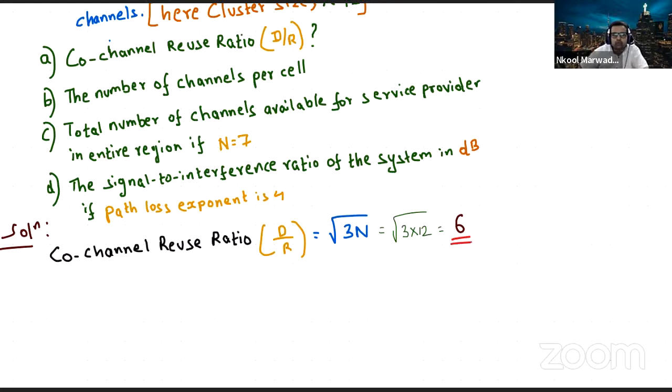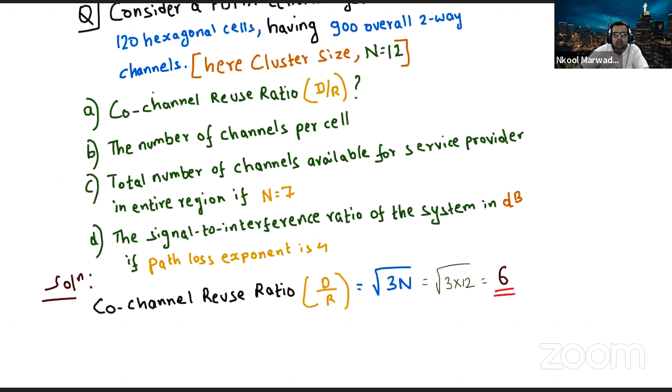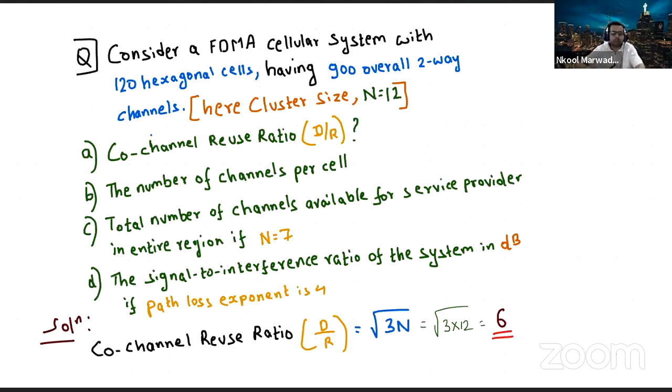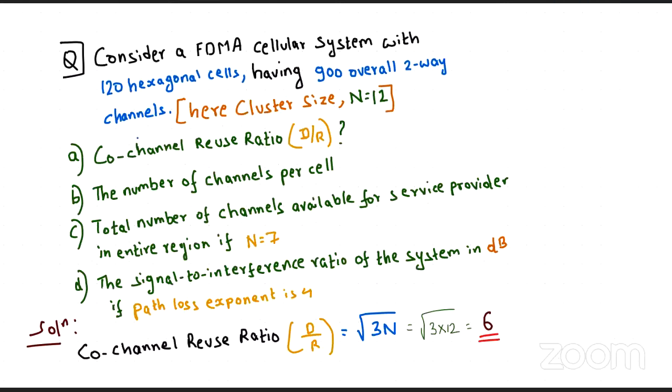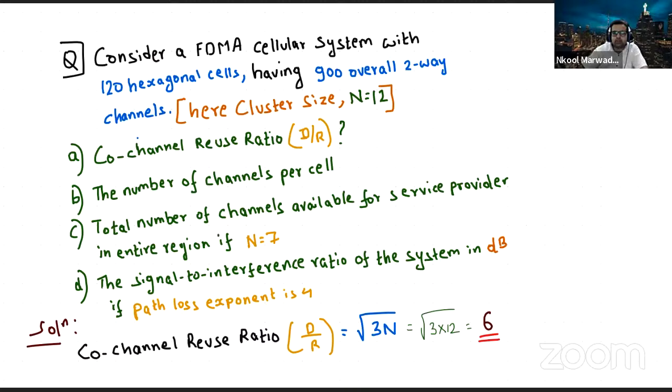Now what we have to do? The B part, number of channels per cell. How will you calculate that? For that, we have to see the cluster size. Here, cluster size is 12. So every cluster will have 900 channels, given.